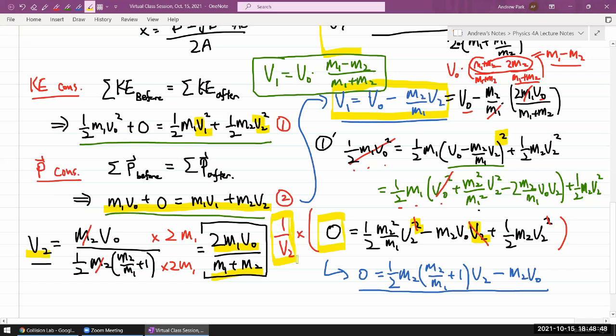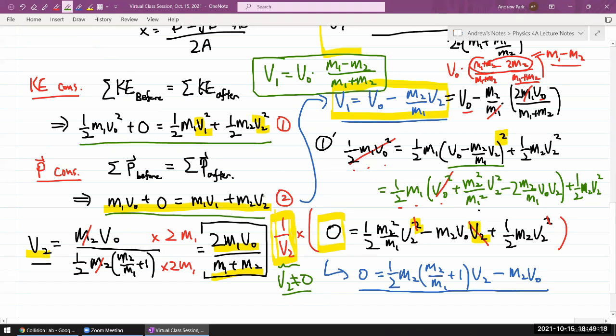You have to recognize that when you do division like this, you are excluding a potential solution. This implies that you are assuming that V2 is not equal to 0, because if it is, you can't divide by V2. Go back and see if you can get a solution with V2 equal to 0. The answer is yes, you can.